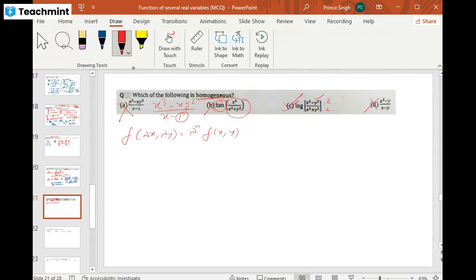If we want to check, we can check the condition here: log of lambda square x square minus lambda square y square upon lambda square x square plus lambda square y square. You can take lambda square common from numerator and denominator.